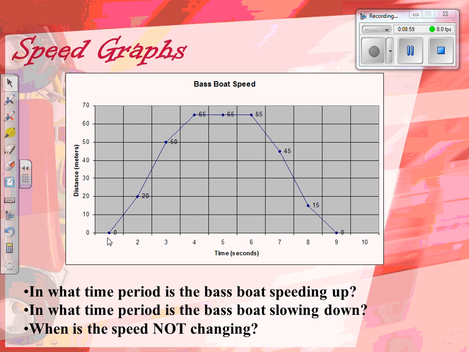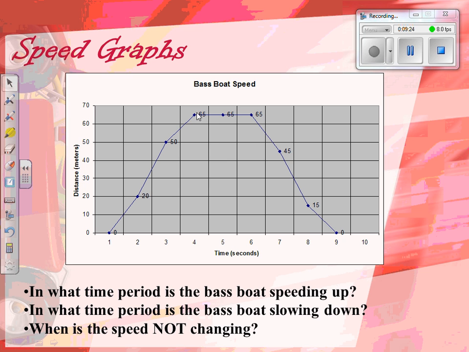So between 1 second and 4 seconds, he is actually speeding up. Now, what period of time is he slowing down? Well, when the graph goes this way, where his distance versus time is actually showing a negative slope, is from 6 seconds to 9 seconds.